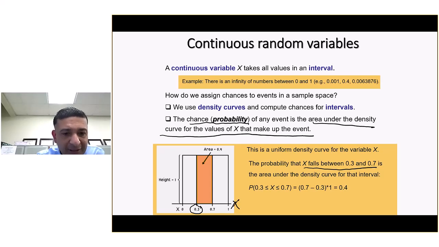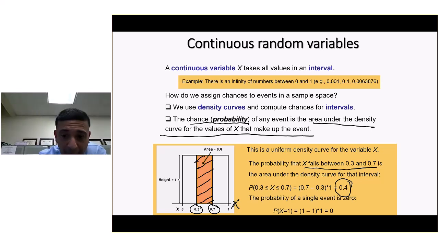The probability it takes a value between 0.3 and 0.7 is essentially this entire area under the curve, right? And this is an easy fix because you're looking at a rectangle, and therefore this is your height, this is your width. The width is 0.7 minus 0.3, which is 0.4. The height is 1, and so the area of the rectangle turns out to be 0.4.